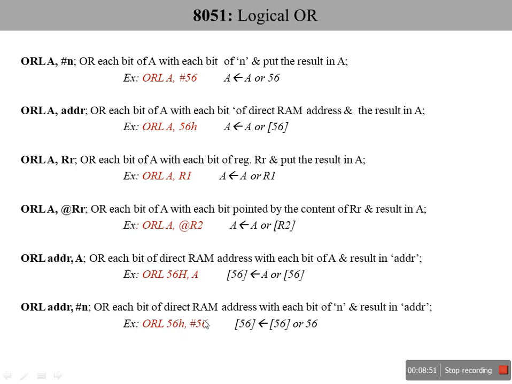So the control goes to memory location 56, brings the data, and a logical OR operation bit by bit will be performed with the immediate 56, and the result will be reflected in the 56 memory location. These are the logical OR operations which are possible in 8051.